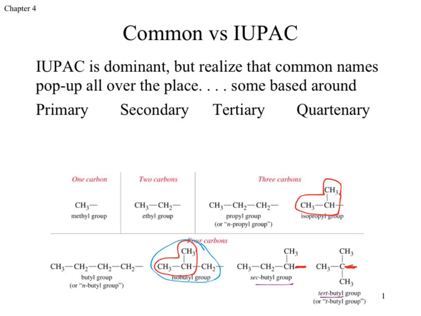With the sec-butyl group, it's attaching at that carbon, and that carbon happens to be a secondary carbon, hence the term sec-butyl, sec for secondary. If we take a look at the tert-butyl, again, where it's attaching to the main chain, that carbon is a tertiary carbon, so we get tert-butyl. Okay, so it's just the shorthand for tertiary.